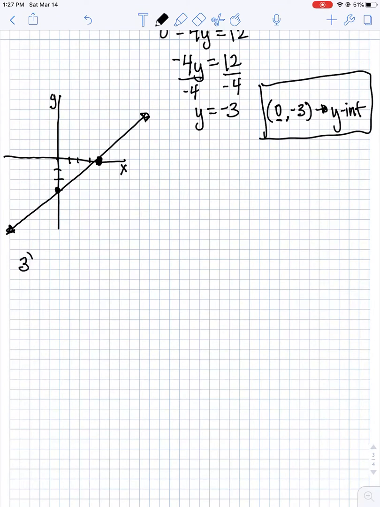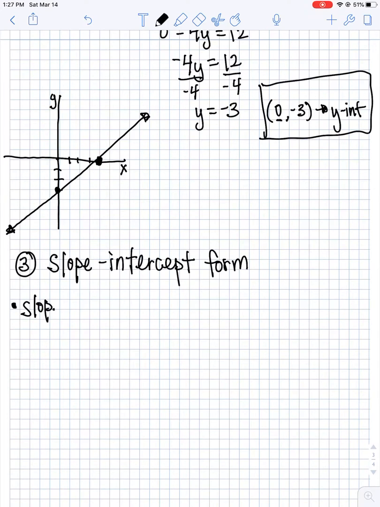Number 3, the third method was called slope-intercept form. And I know that you know slope-intercept form from high school. Hopefully you remember it is y equals mx plus b, but we'll get to that, okay? In order to know slope-intercept form, first I need you to know this concept called slope.